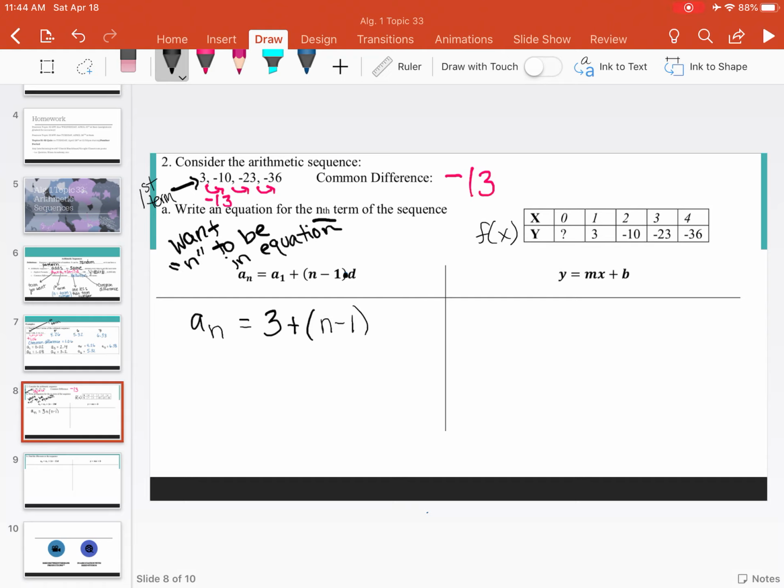We want to find the nth term, so we want to keep that n in our equation, times d. Now d is the common difference. What is our common difference? Our common difference is our negative 13. So it's really important that you understand that this is multiplication, because I don't want this to look like we're just subtracting 13 after. We're really multiplying negative 13.